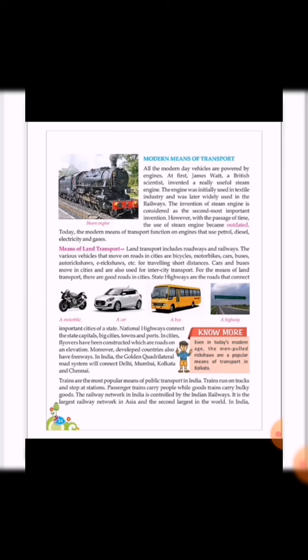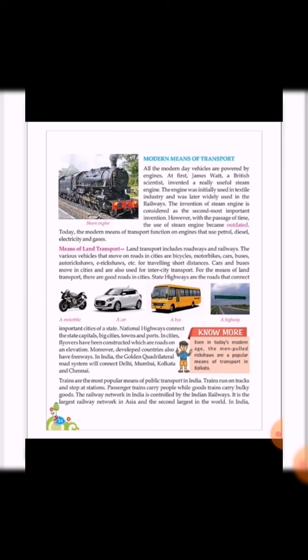You know, India has a very vast network of roads, including state highways and national highways. Now, state highways are the roads that connect important cities of a state. And national highways are the roads that connect state capitals, big cities, towns and ports.